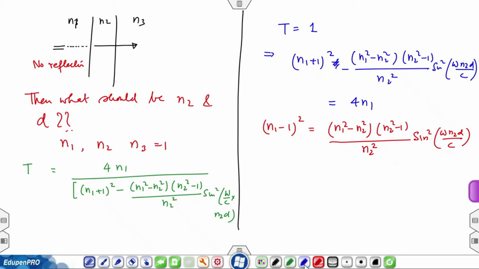Our left hand side is positive, and therefore, this implies that n2 should be greater than 1, but it should be less than n1. Then only the right hand side can be positive. So, that is point number 1.